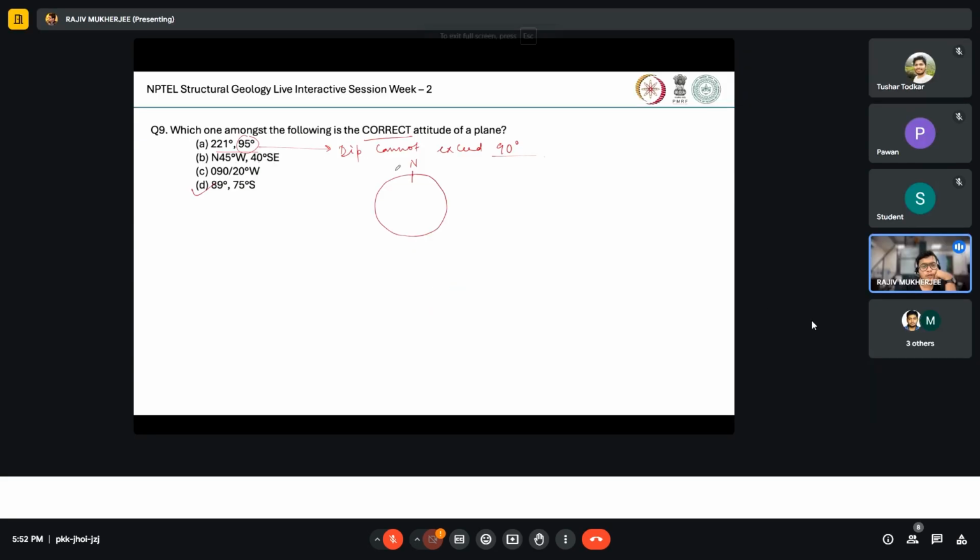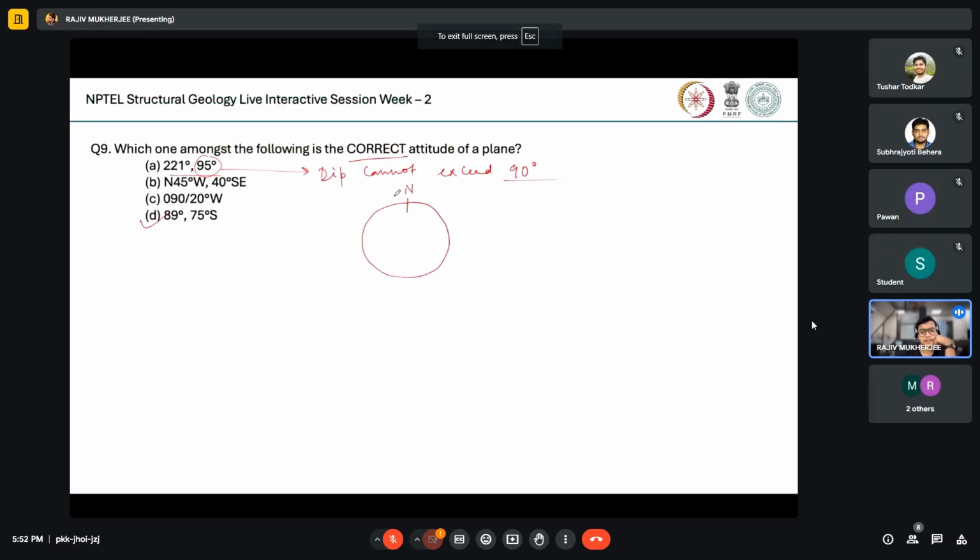So north 45 degree west means you go 45 degree from north, somewhere between north and west. So this is the strike. If this is the strike, passing a great circle will go either like this or like this.